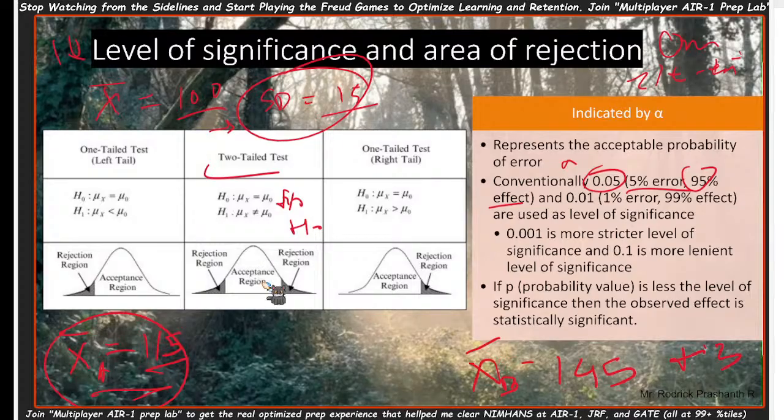So you'll have to place the alternate hypothesis distribution and see how and where it falls. Since plus 3 is in this rejection region, it is significantly different from our population.